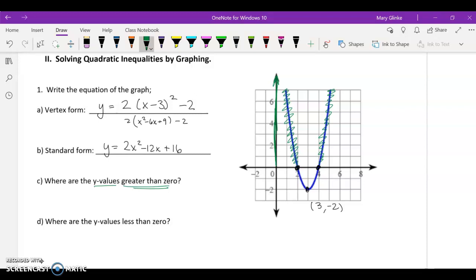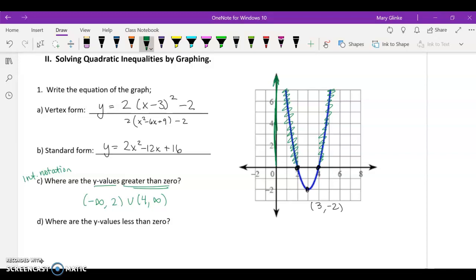We're going to write this in interval notation. So we want all of our values left of 2. That's going to be all the way left on our graph up to 2. And then it's going to be greater than 0 again, starting when x is 4 and to the right.